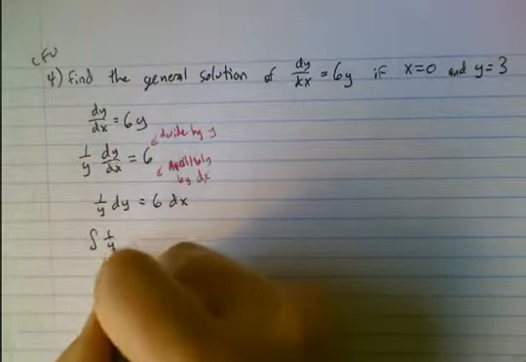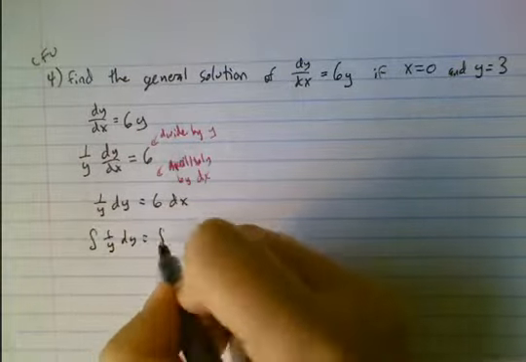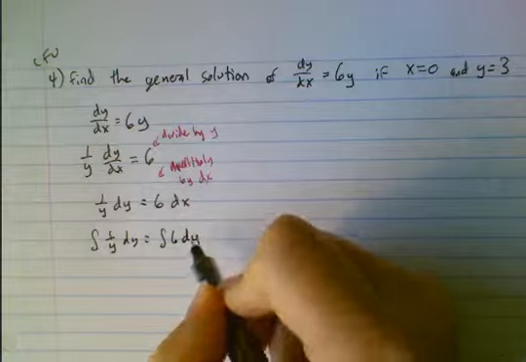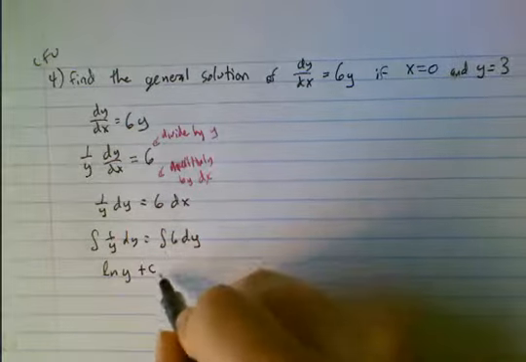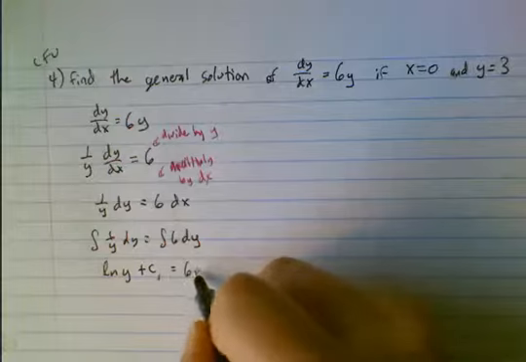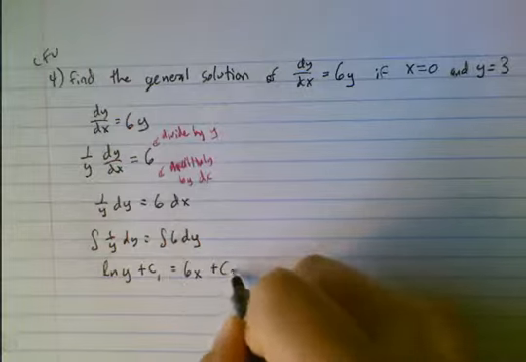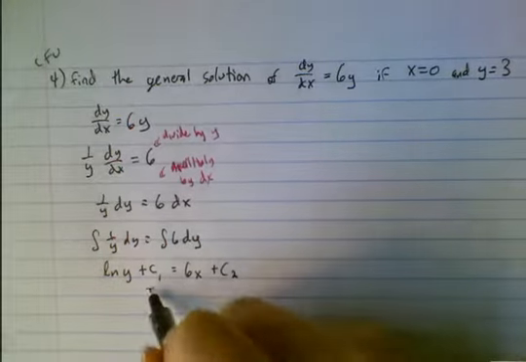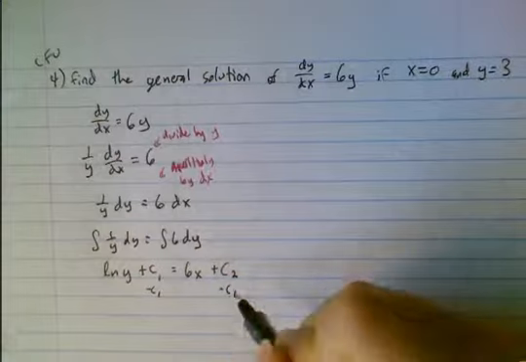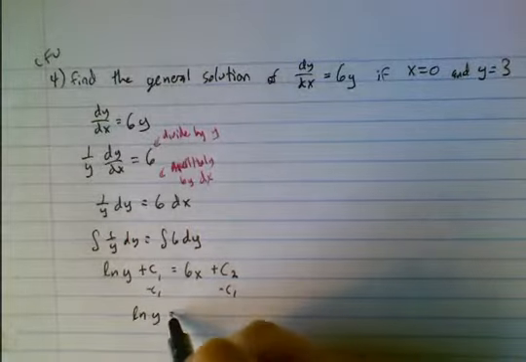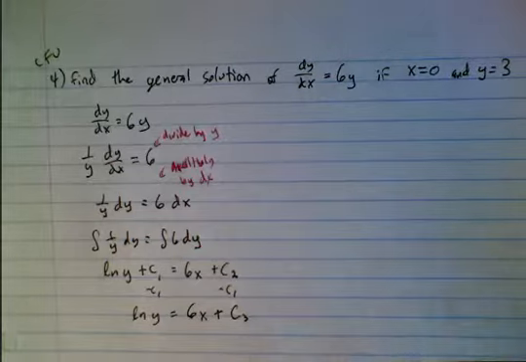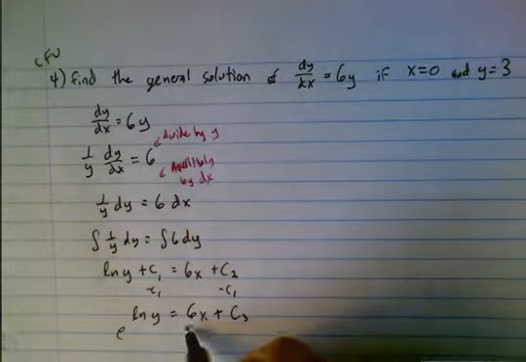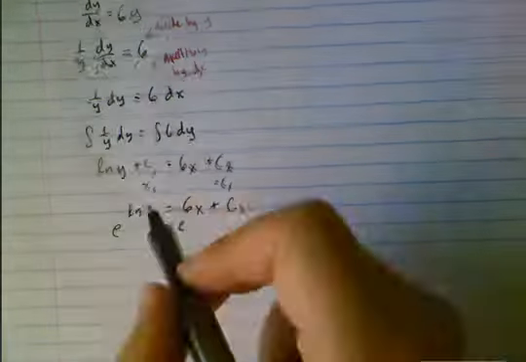Then take the integral. So natural log of y plus c equals 6x plus c. Subtract c from both sides. Do e to the power of each side.